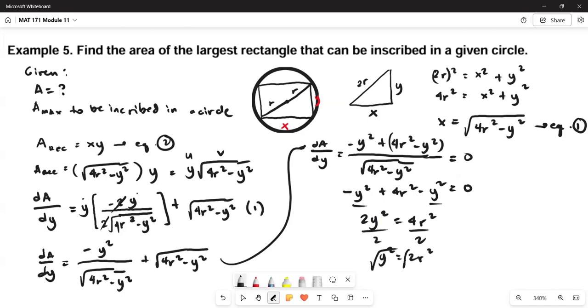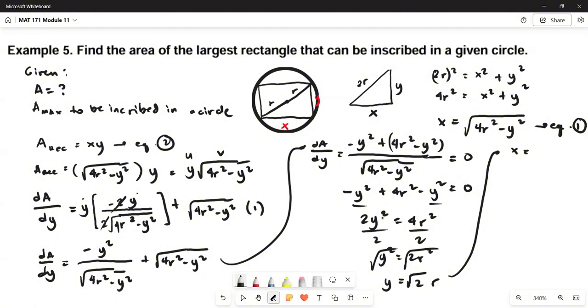Get the square root of both sides. We will have y is equal to square root of 2 times r. So ito na yung y value natin. But since hindi naman y lang yung hinahanap, kunin natin yung x. So x is equal to, gamitin na lang natin yung equation number 1.